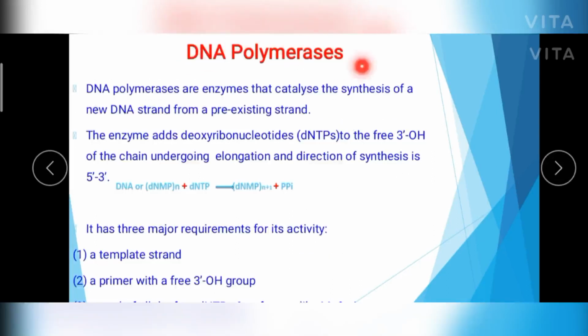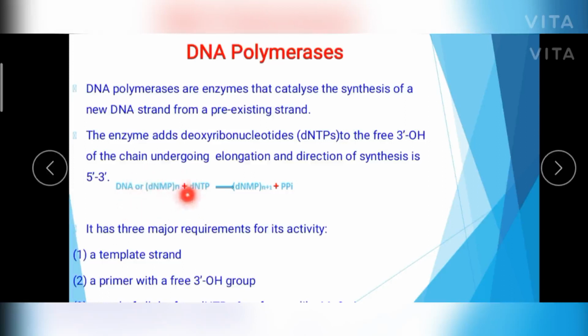Coming to the second one, DNA polymerases. These enzymes catalyze the synthesis of a new strand from the pre-existing strand. You see this during replication, and also during chain extension. The enzymes add the dNTPs to the free 3' hydroxyl group, and thereby the chain extends in the 5' to 3' direction. The overall reaction is represented here.